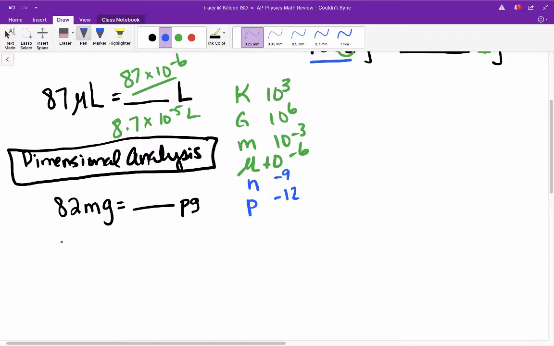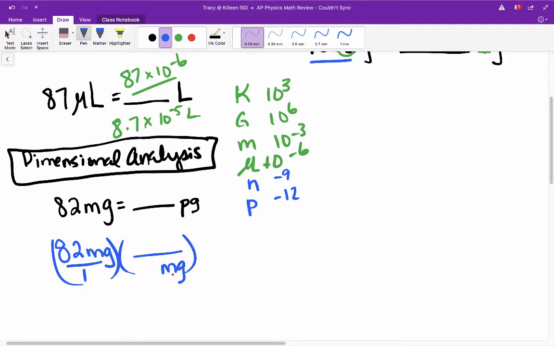In dimensional analysis, you start with what you've got, so milligrams. I believe that your teachers may have called it times in a line. That's not what I call it, and I use these little parentheses, but it's the same thing, it's just multiplication. So you take whatever you've got, and I'm going from milligrams to picograms.